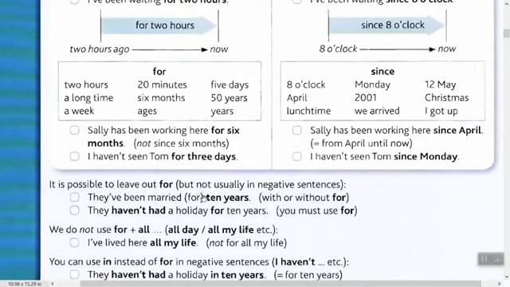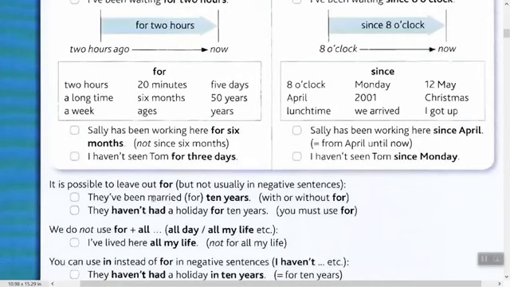Here we have practice. In English we call it parentheses. When we have a word between parentheses, it means optional. Okay? So, note number 1, for here is what? Optional or obligatory? Optional. Why is it optional? Because it is positive.